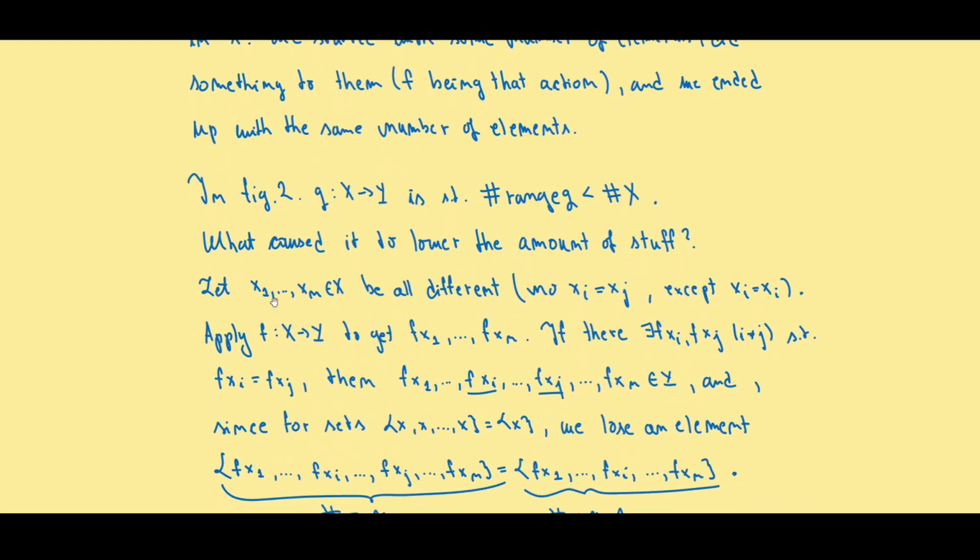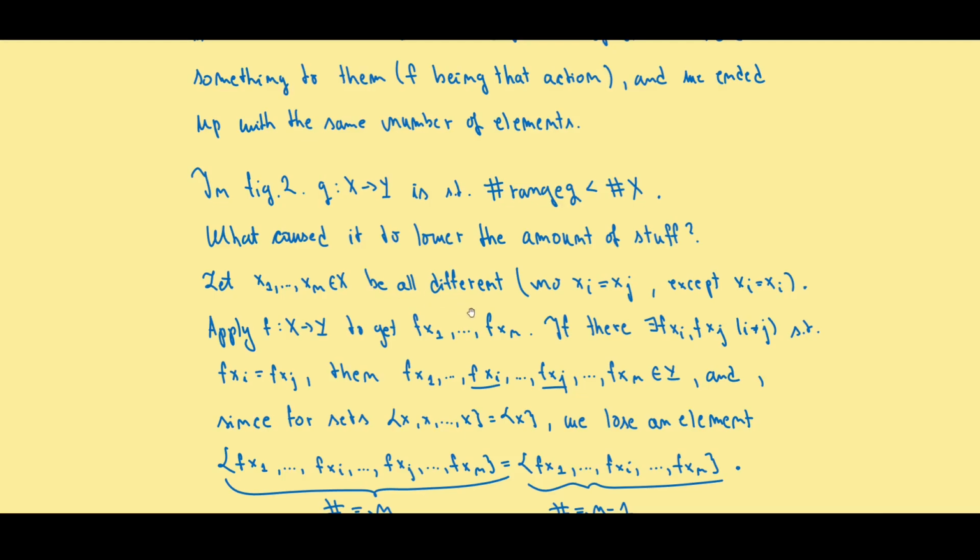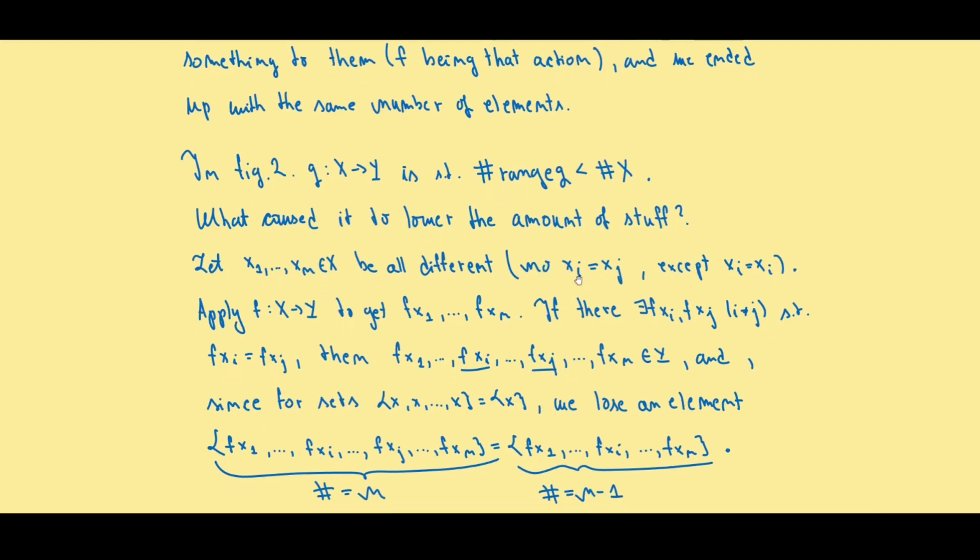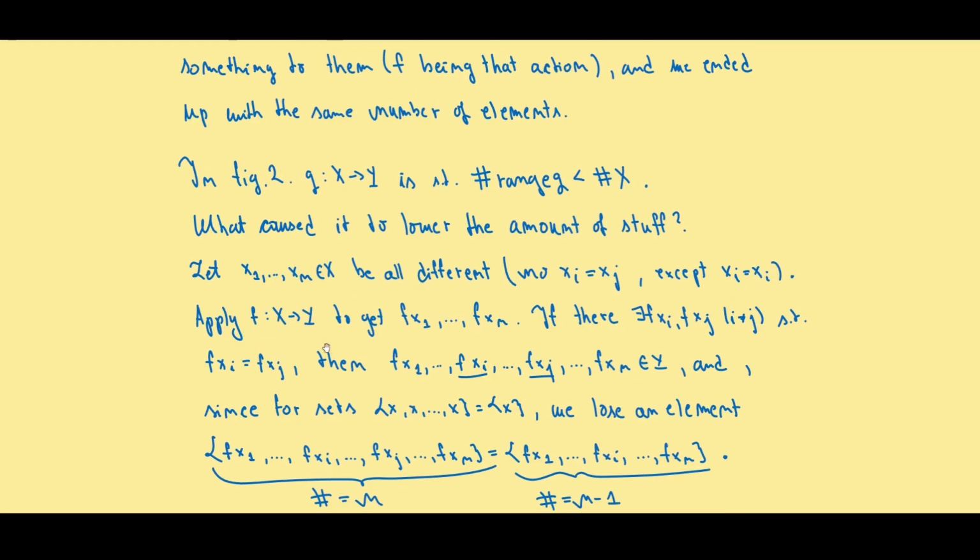Well, let x1 to xn be all different points in X. So no xi is equal to xj, except if I pick the same element twice, then xi is equal to xi. So apply f to these to get f of x1 all the way to f of xn.